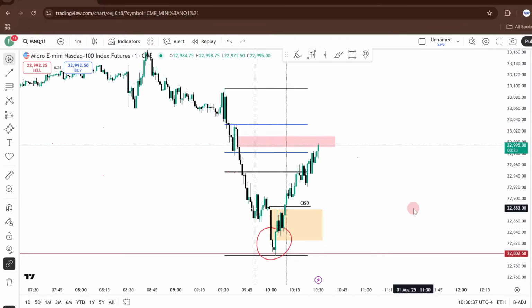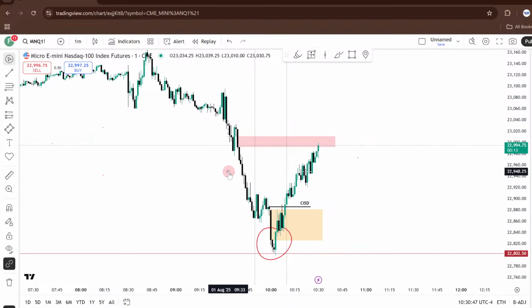Notice there's no indicators here. There's not that many lines. We don't even really need this. All we need is liquidity, macros, and market structure. That's it. Just simplifies the process.